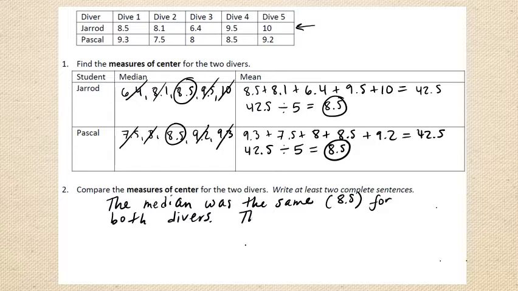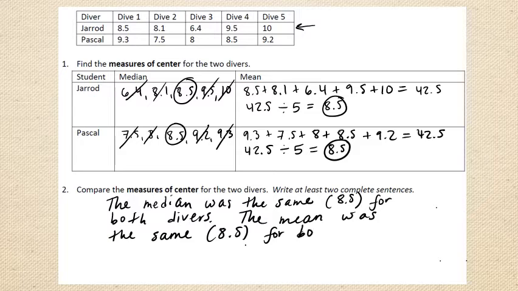I'm also going to note that the mean was the same, 8.5 for both divers. So that might lead me to think that they dived similarly.